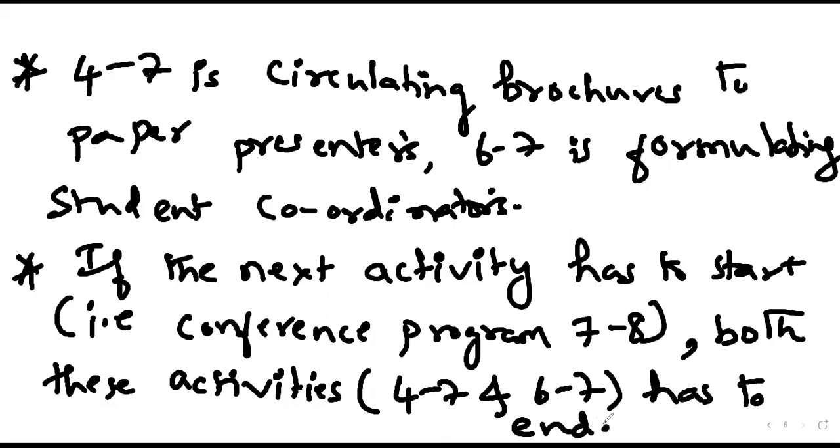Otherwise, we cannot start it. So the beginning of the conference program depends on these two activities. The project manager has to wait until these two activities finish. Is it fine? So that is the reason the maximum value is considered as E7.